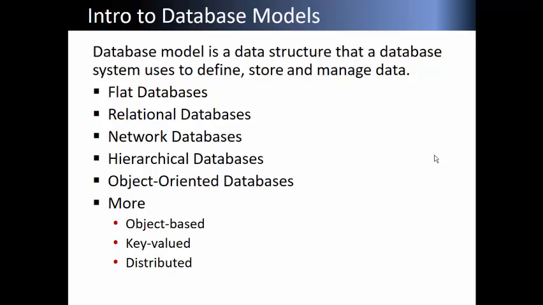And after that, the database community looked at it and said, why don't we combine the strong features of a relational database and the strong features of object-oriented databases together to produce a new database model. We call that object relational databases, the combination of relational and object-oriented databases.